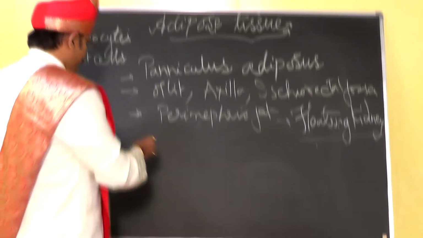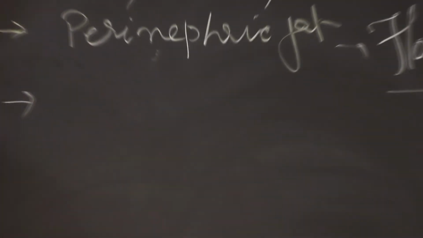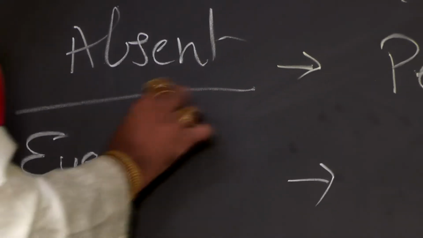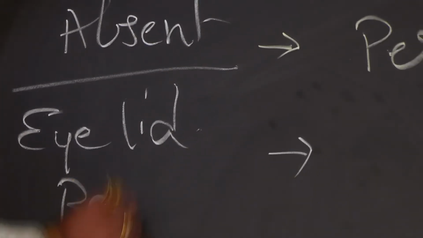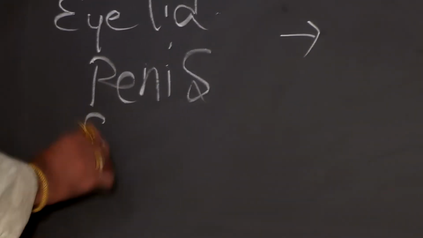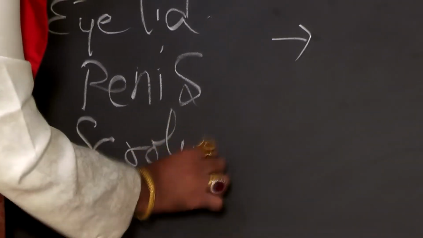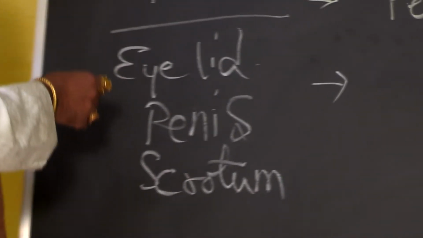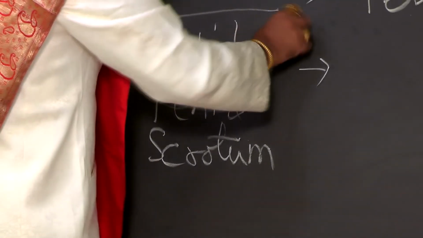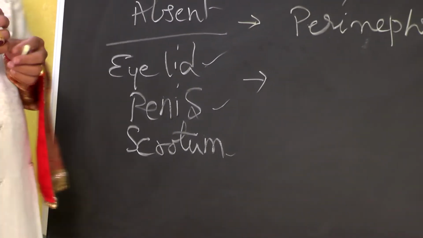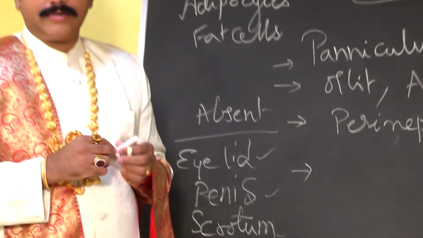Any guesses? Fat is absent in the eyelid, in the penis, the male copulatory organ, and the scrotum, the scrotal sac where the testis is lodged. These are the regions where there is no fat.